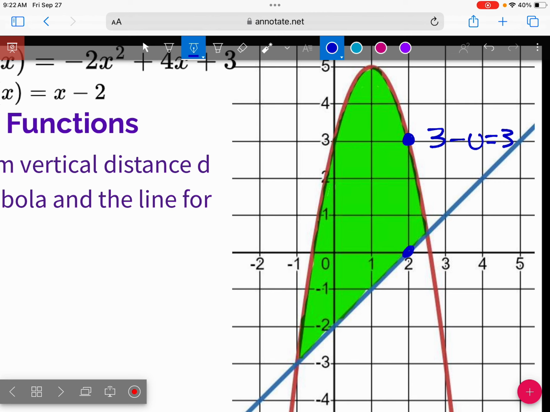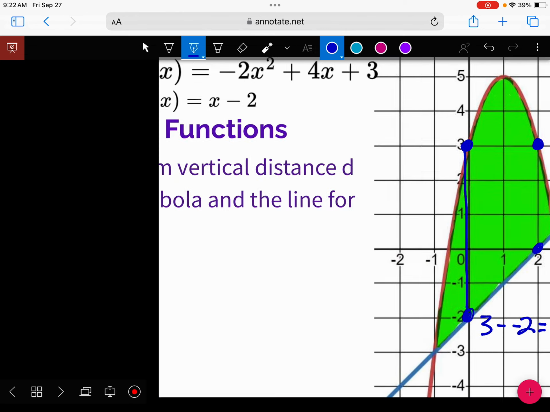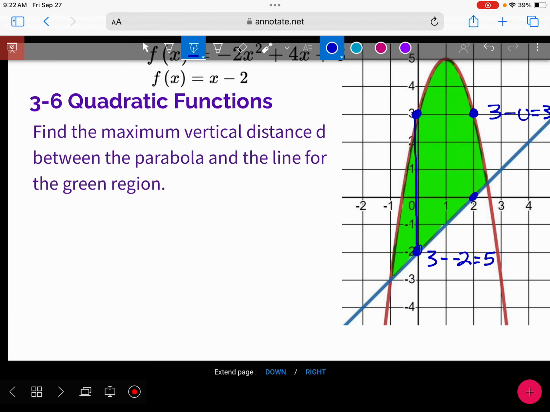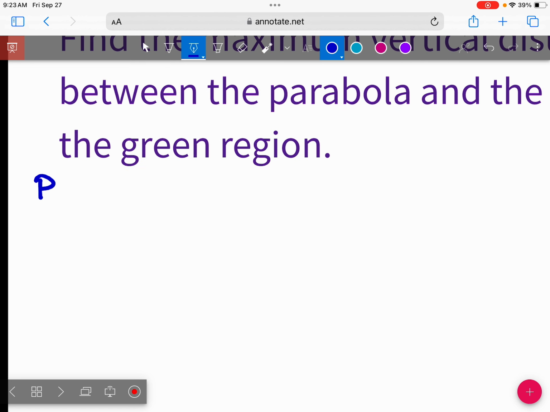Let's say here: to find the distance between my parabola and my point here, I would do 3 minus negative 2 to find a distance of 5. We could subtract them to find that distance. So to find our maximum distance, we're going to take our parabola and subtract our line to find our distance.